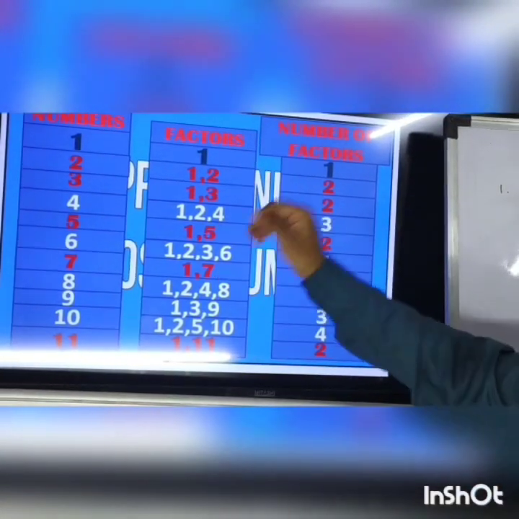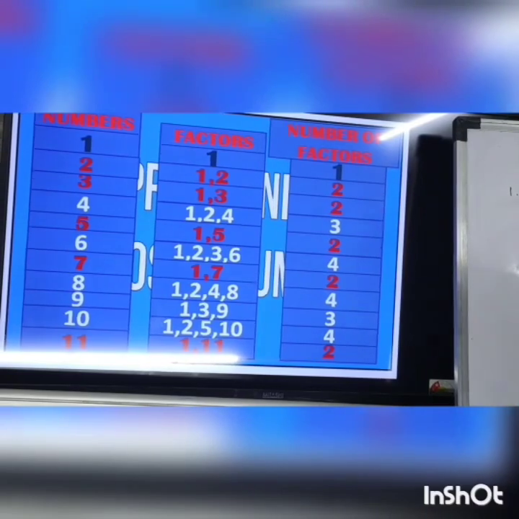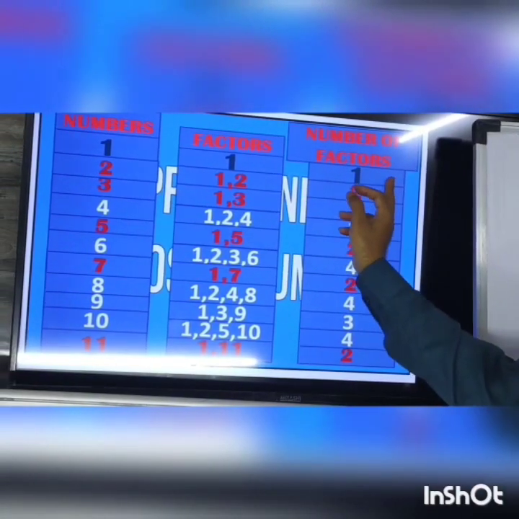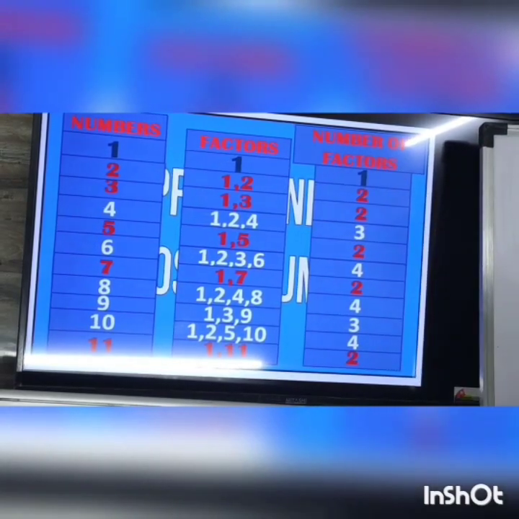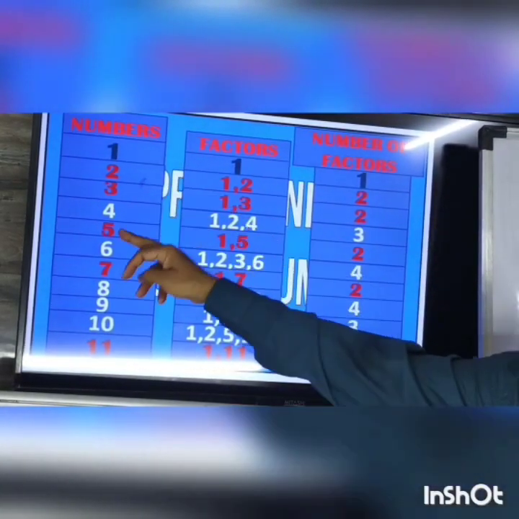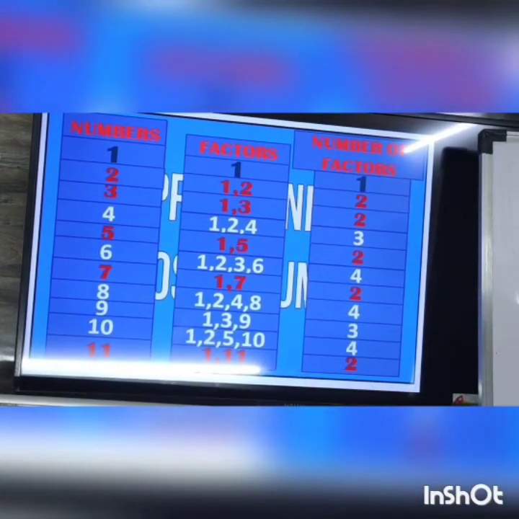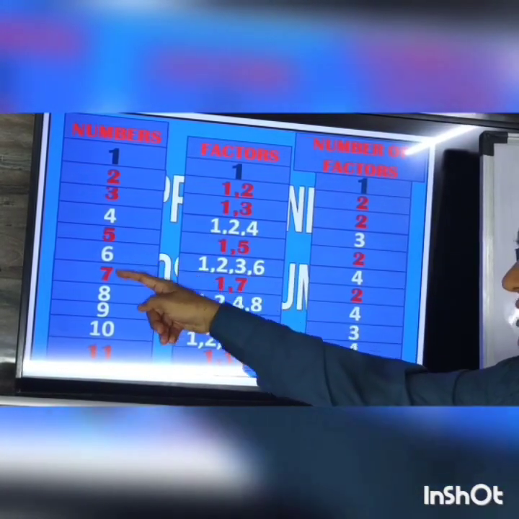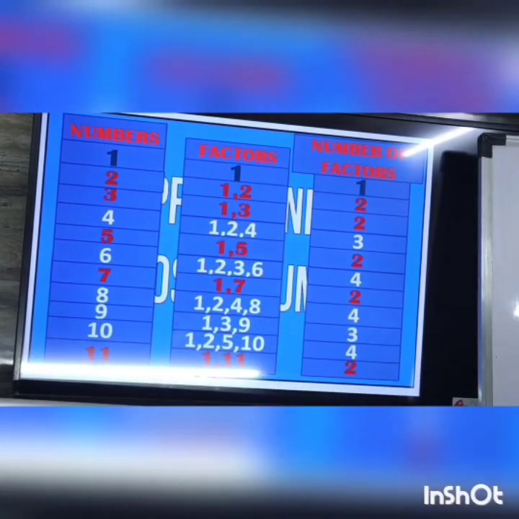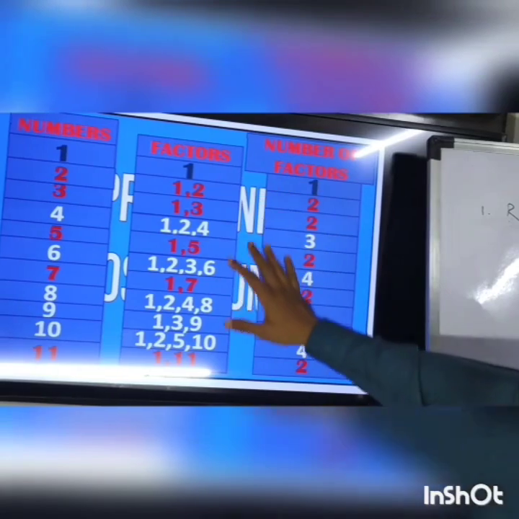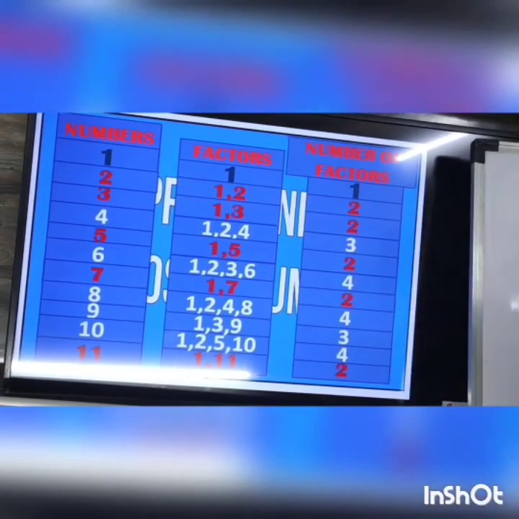Now in the table there is a clear-cut classification. 1 is a unique number that has only one factor. 2, 3, 5, 7 and 11 have exactly 2 factors. And 4, 6, 8, 9, 10 have more than 2 factors. Accordingly, this table is classified into 3 types of numbers.